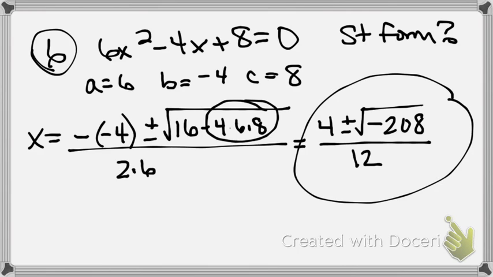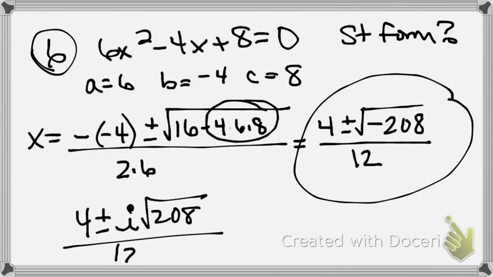So that piece turns into 4 plus or minus i times the square root of 208 all over 12. That negative 1 comes out as an i. Now you can take the square root of 208. Somebody tell me what that turns into. 4 square root of 13.